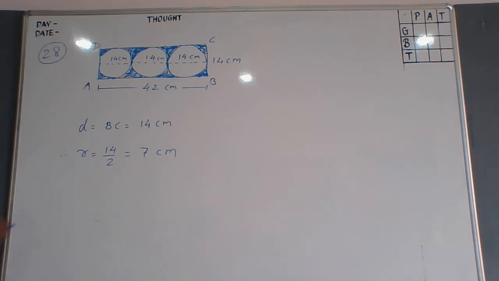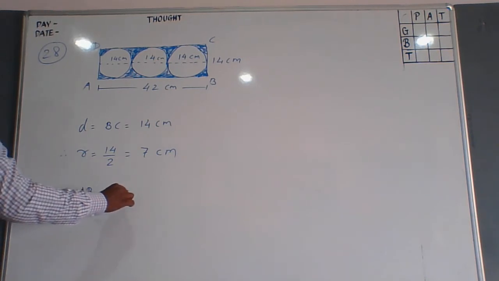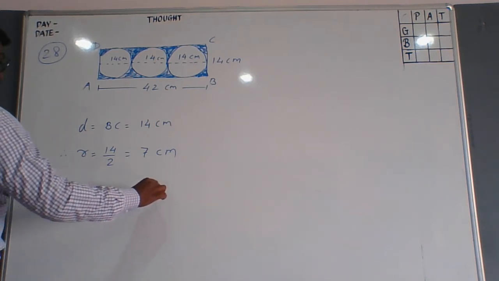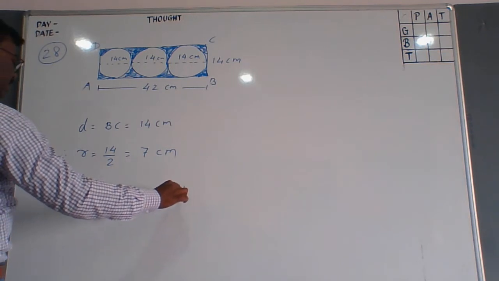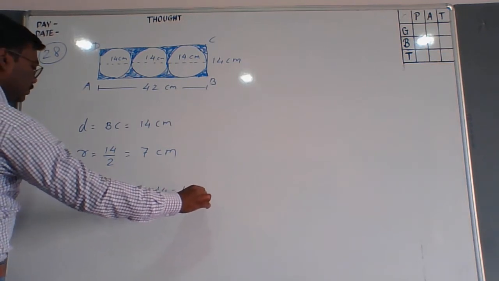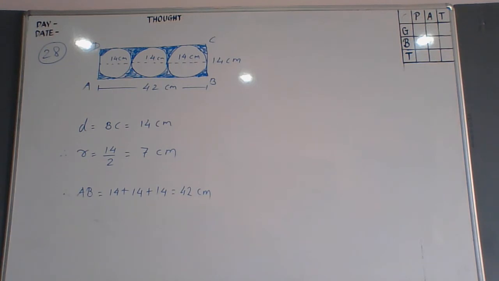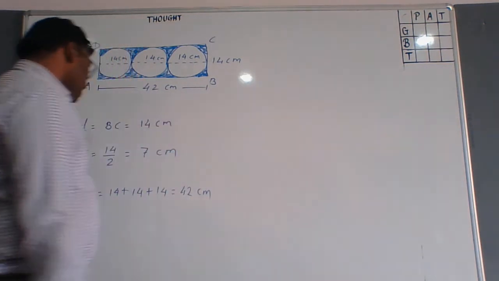Okay? So let us find out the length of the rectangle. AB equals 14 plus 14 plus 14, which is equal to 42 centimeter. Okay, this is the length of our rectangle. Now students, let us find out the area of the rectangle.